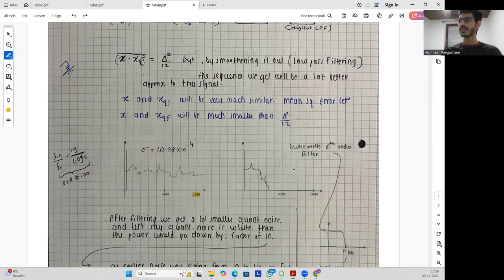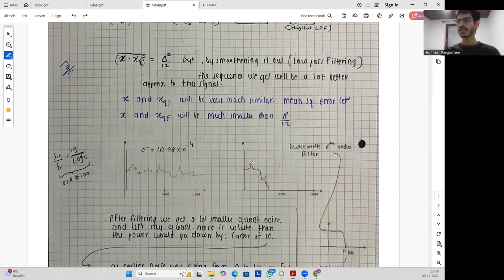Our signal is at lower frequencies, and we choose a low pass filter. This is how a low pass filter looks, right? Then we only get the quantity, or density, of noise within this filter, and all other noise is filtered out, and our signal remains as it is. So obviously now the noise density is reduced, so the quantization noise is reduced.